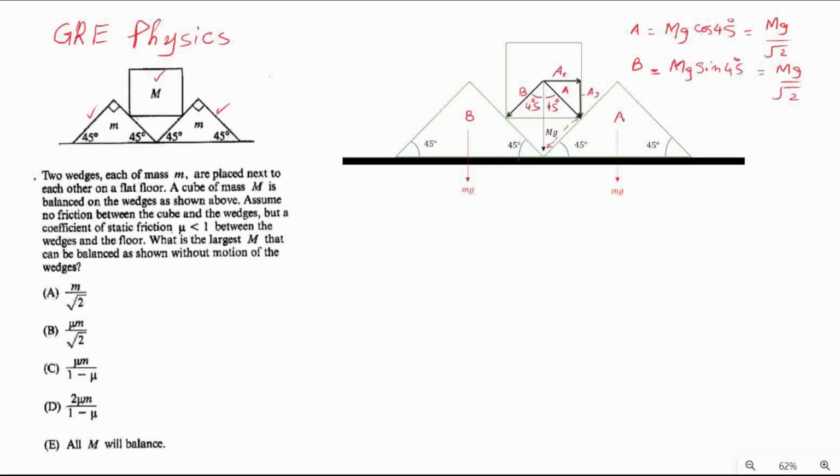Remember, this angle again is equal to 45 degrees. So vector AX has magnitude equal to the magnitude of A times cosine of 45 degrees.